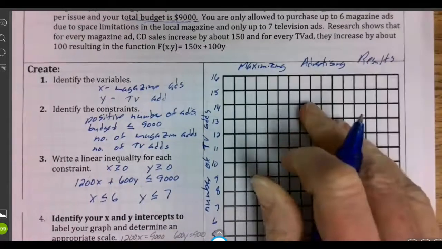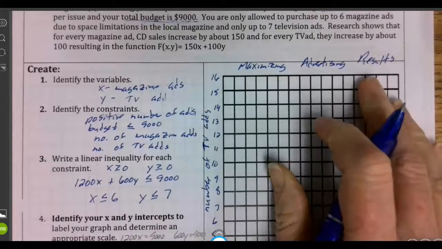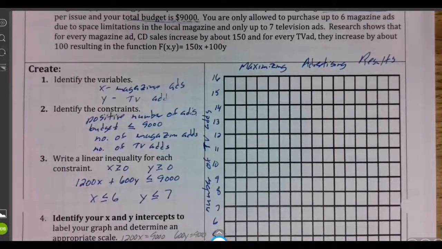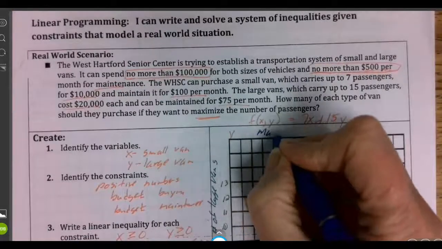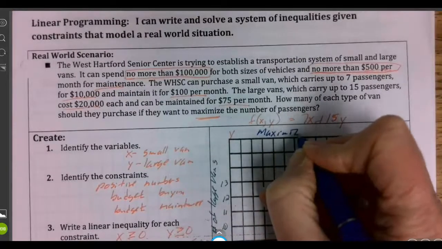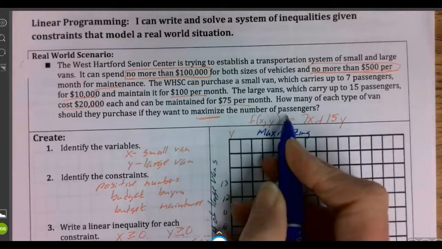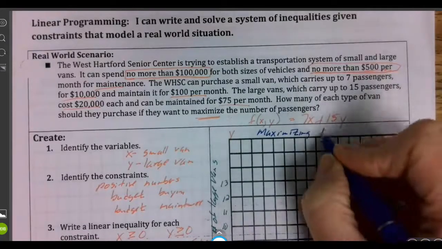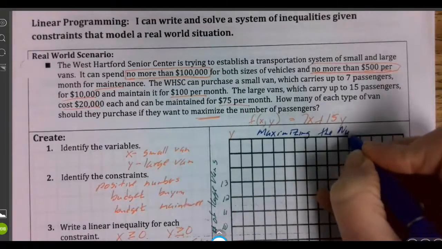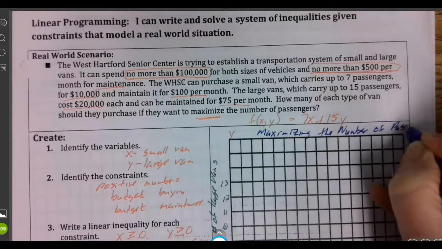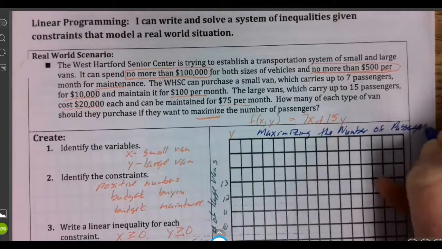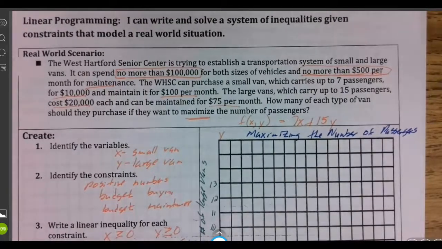That's what we're talking about, maximizing advertising results. And while we're labeling, let's go back over here. Our title here would be maximizing just what they're asking for, number of passengers. Okay, so sorry I forgot that before.